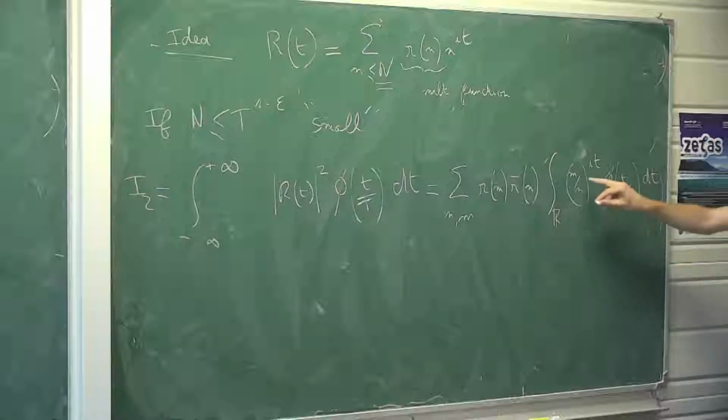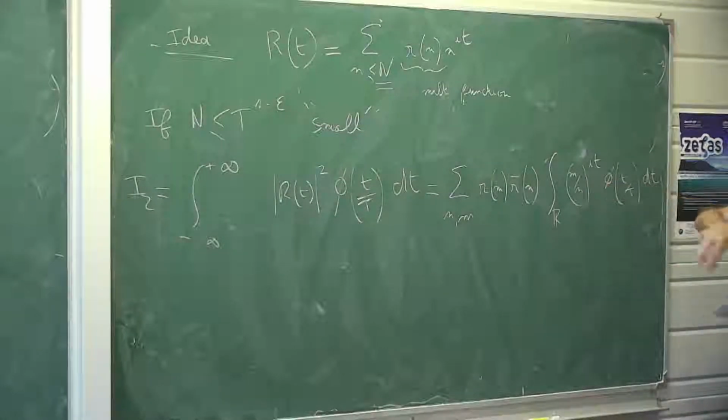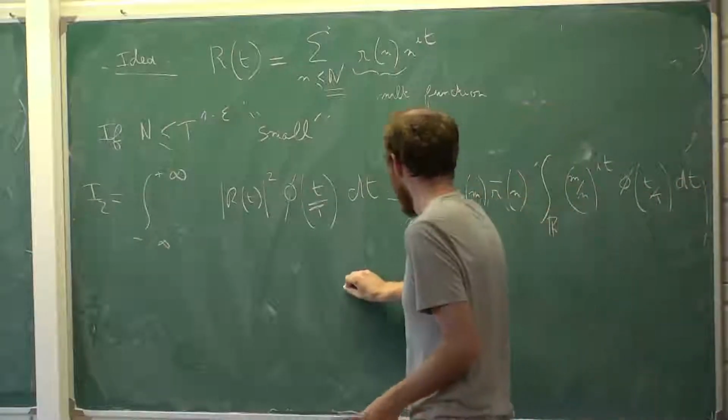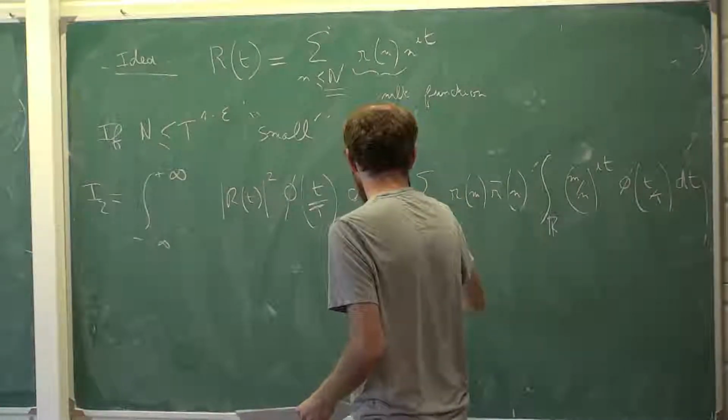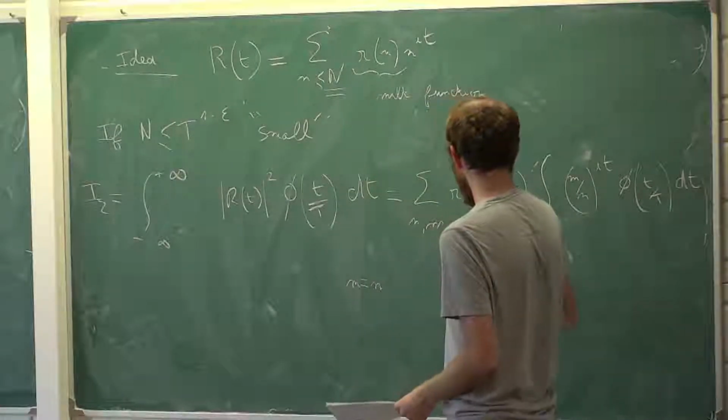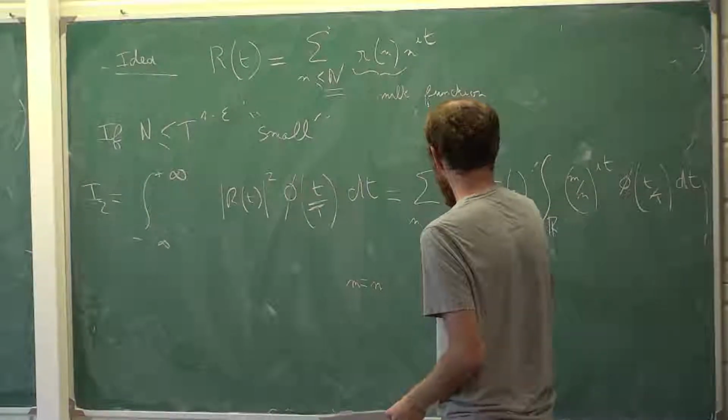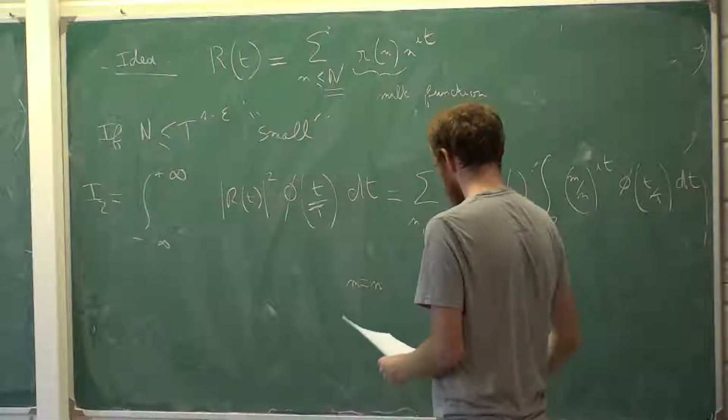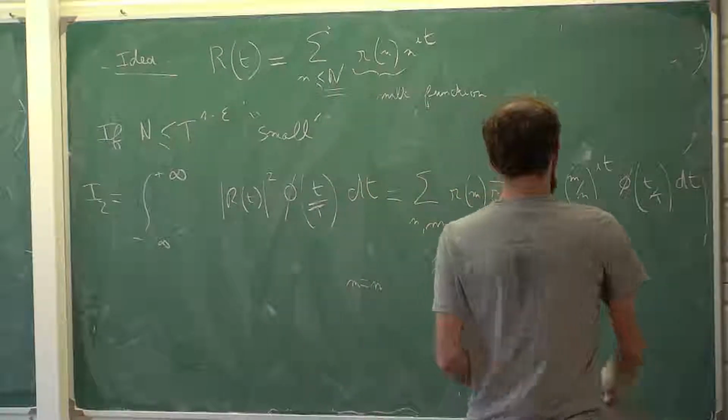And of course, when m equals n, I will get the main part. It's going to be this double sum times the Fourier transform at 0.